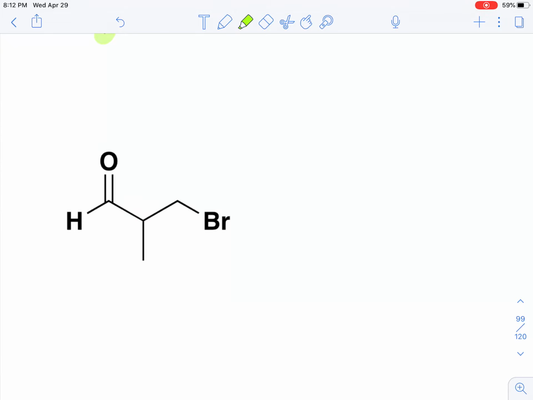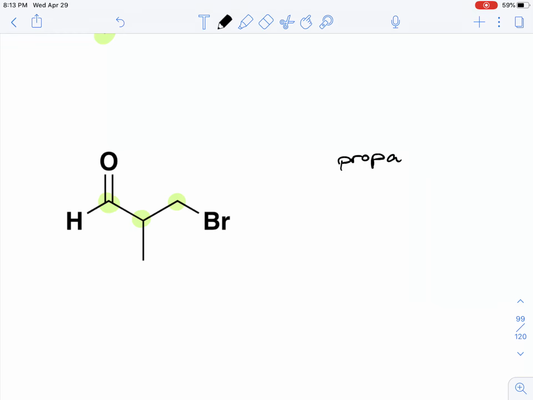Looking at the next example, here we have 1, 2, 3. And so it looks like we have a 3 carbon compound. And so we're going to use the prefix prop, or propane.